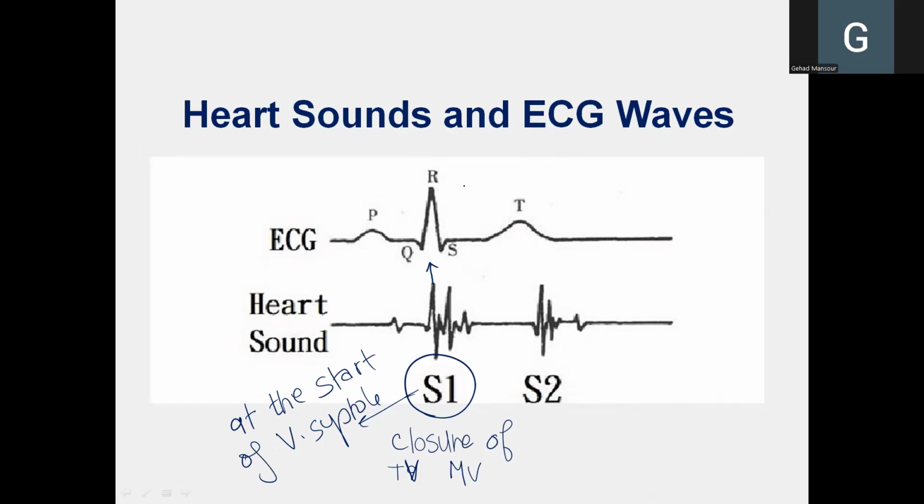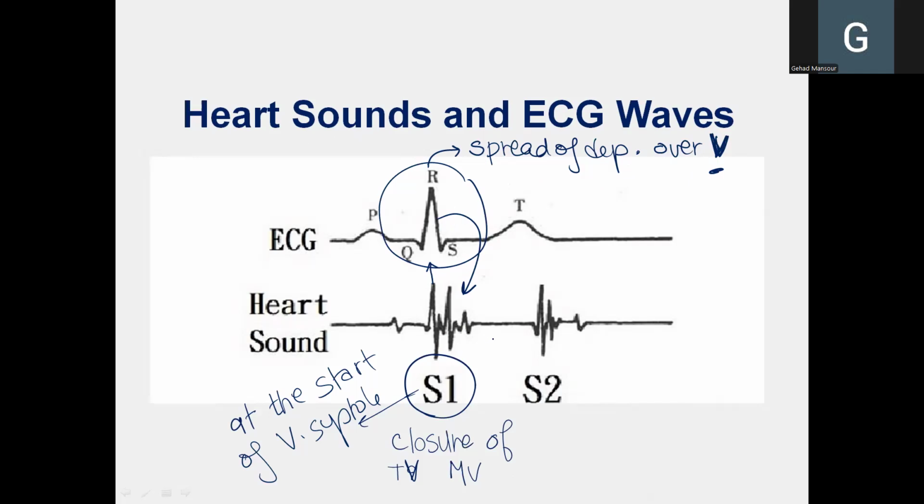And this is exactly matching with the QRS complex, because what does the QRS complex represent, as we saw on the very difficult, but very useful diagram about the cardiac cycle? It represents spread of depolarization over the ventricles. Once there is spread of electricity over the ventricles, they will start contracting. And this is exactly what happens.